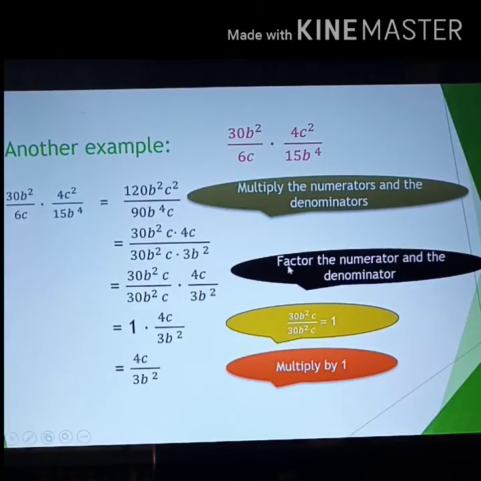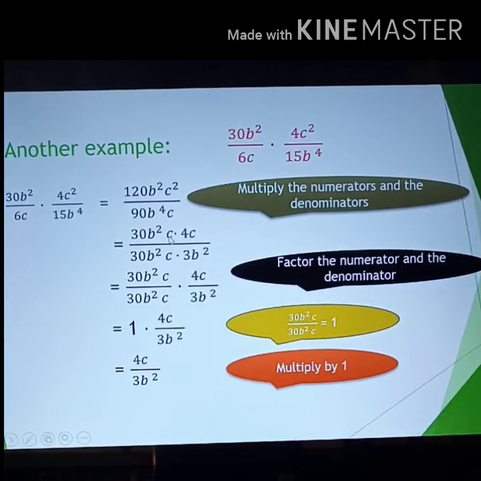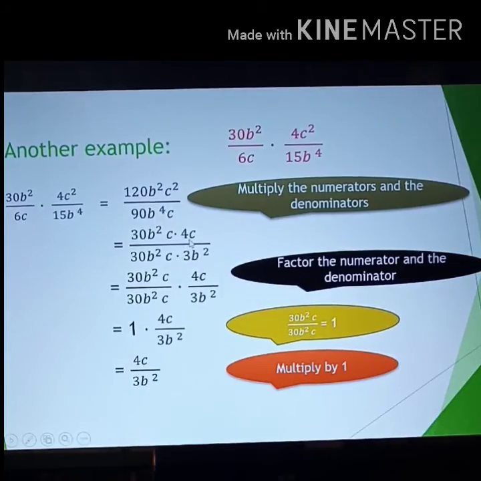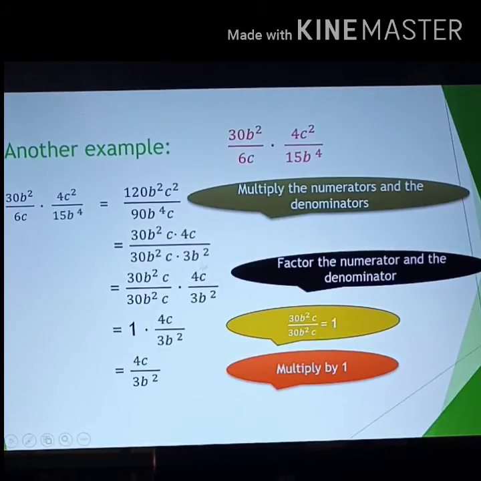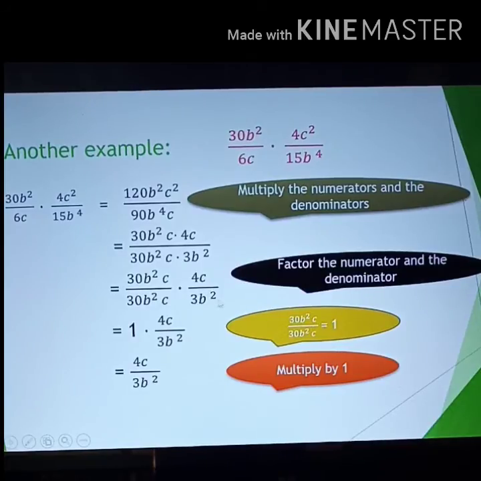Next, we have to factor the numerator and the denominator. So the common factor of our numerator and the denominator is 30b squared c. So we have 30b squared c times 4c all over 30b squared c times 3b squared. So let's separate 30b squared c all over 30b squared c from 4c all over 3b squared.